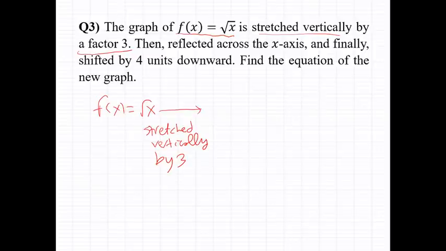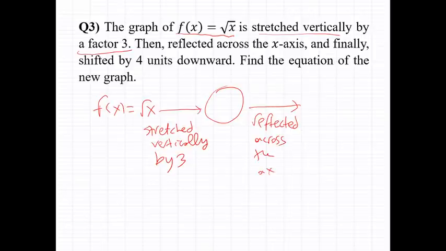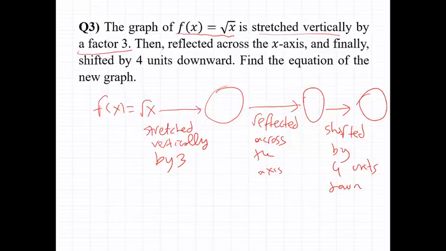So it's vertically stretched, then we get something, and then it's reflected across the x-axis. And we have something. Then after this, we have one more transformation. It's shifted by 4 units down. So we have another equation here.